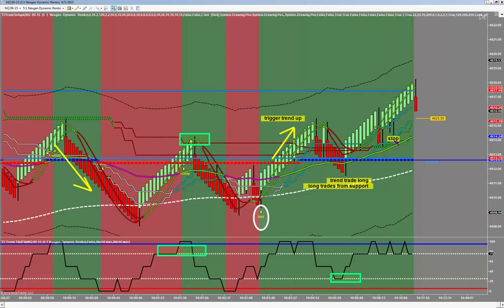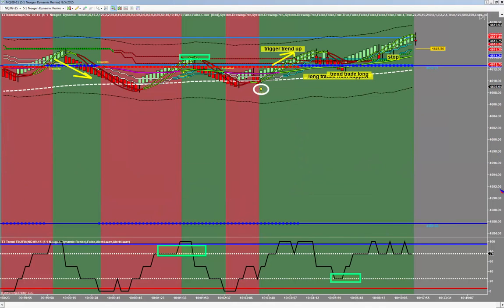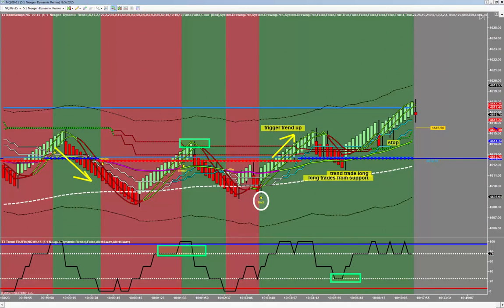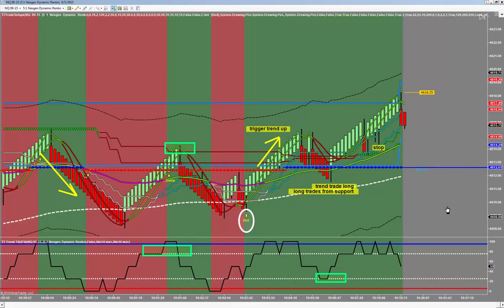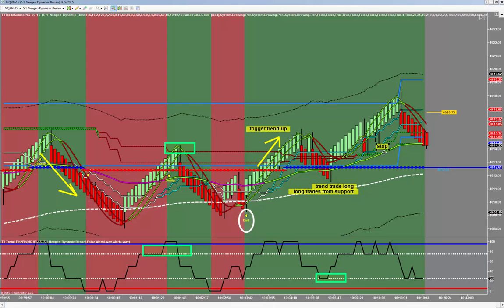As long as we don't take out that stop and we keep making tails and pivots going up, it's going to keep going up. All right, and that would have been probably the end of that trade, obviously.